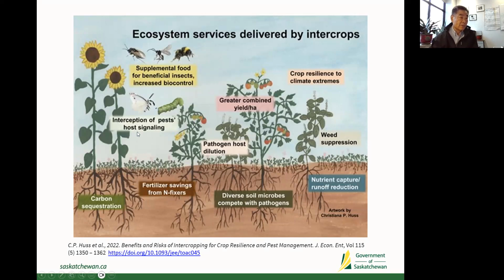Interception of pest host signaling. When pests spread in a monocrop system, there are no barriers. They just eat one crop, and the next crop is still the same. If it's the host of this insect, they continue to spread very quickly. But if you have intercropping, and this kind of insect needs to jump over another crop to find their favorite food, it will slow down the spreading process.